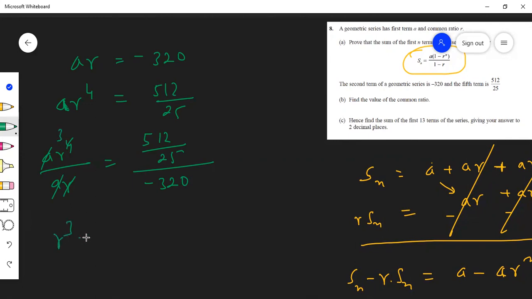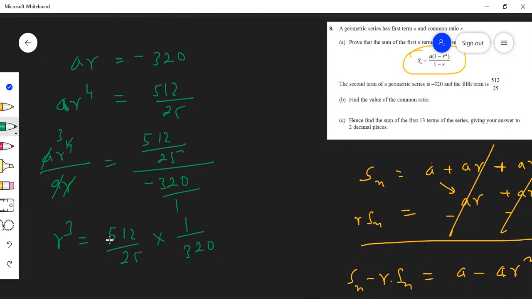So we get r to the power 3. This number is like a by b by c by d, so we can write 320 by 1, and this 1 goes up. So it's like 512 by 25 into 1 by 320, and now this number can be cancelled.